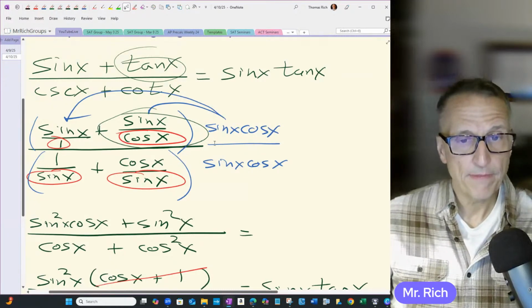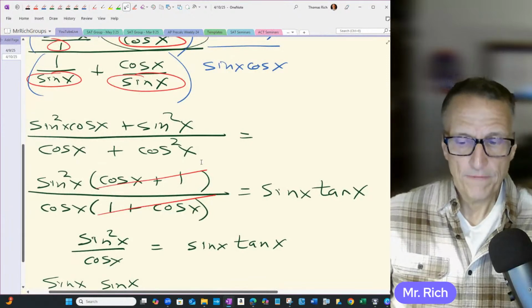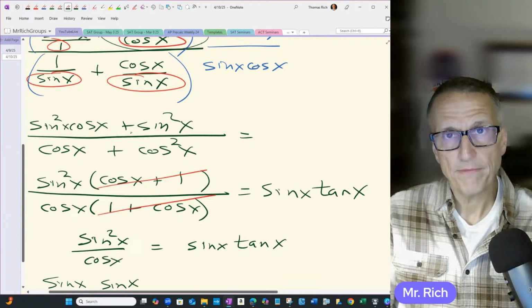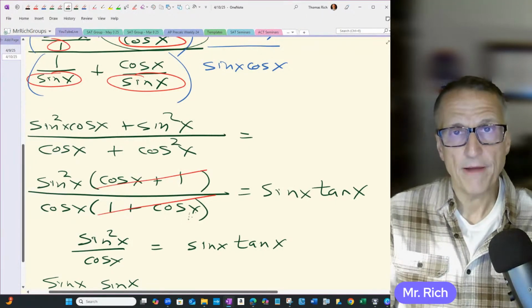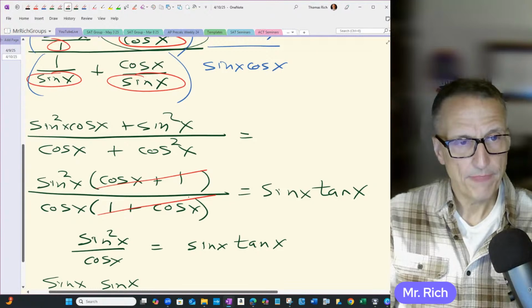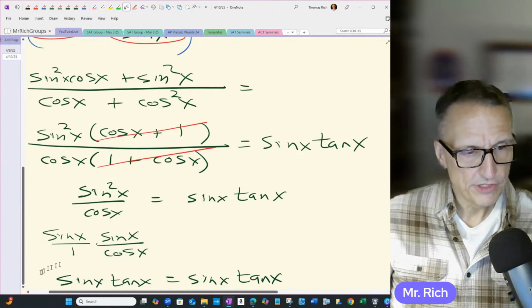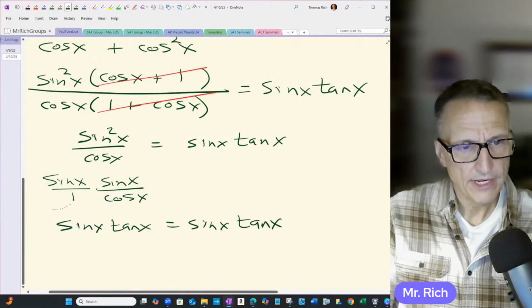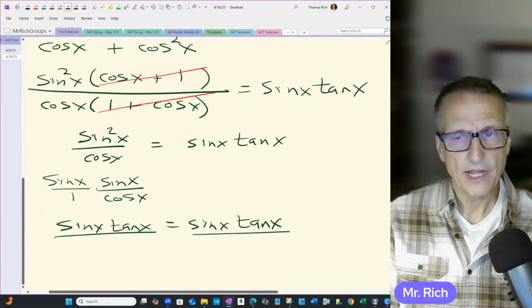We multiply top and bottom by an LCD. Then the next step was, again, an algebra move, which was to factor out the common factor on both the top and bottom, and then we were able to divide out those common factors. And then just do a little bit of manipulation to rewrite this sine squared over cosine so that we could match the left and the right-hand side.